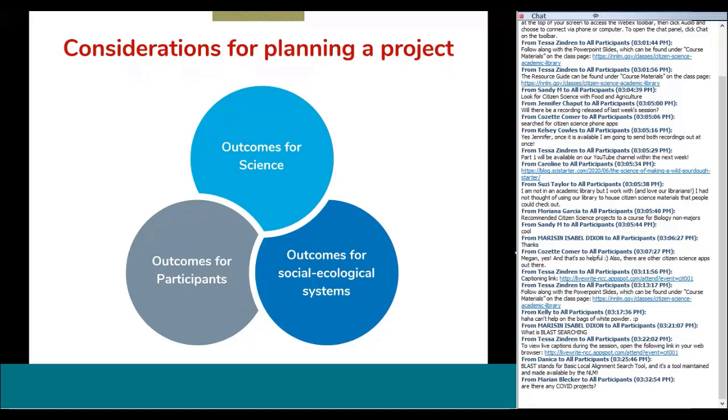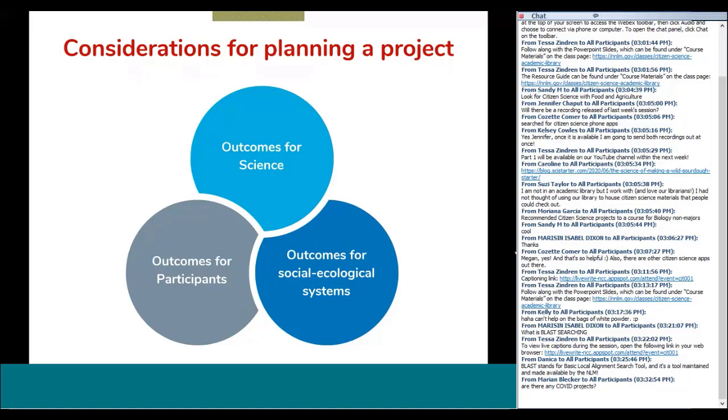So also there are outcomes for social and ecological systems, and this can look like improved relationships between communities and management agencies, or maybe backyard enhancement of wildlife habitats. And then just an increased likelihood that participants will maybe engage in the policy processes to improve their communities.